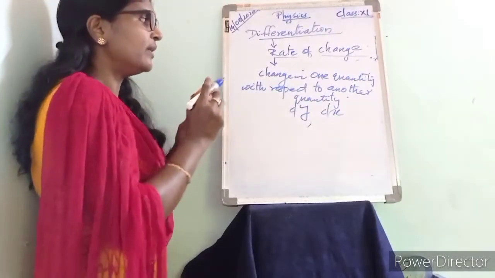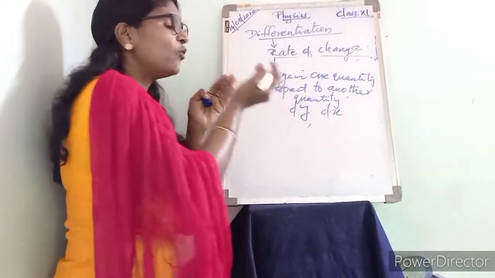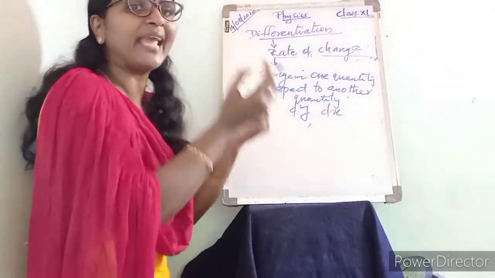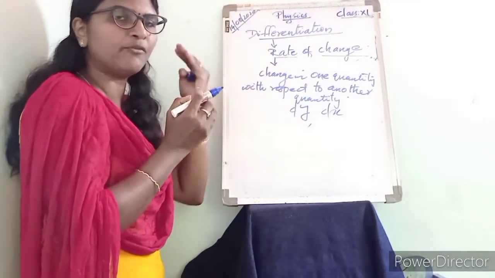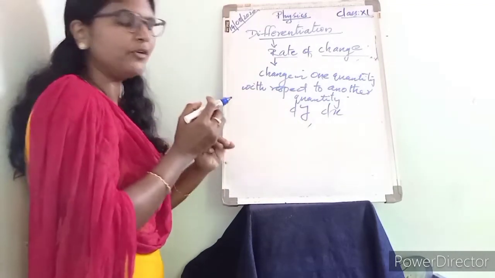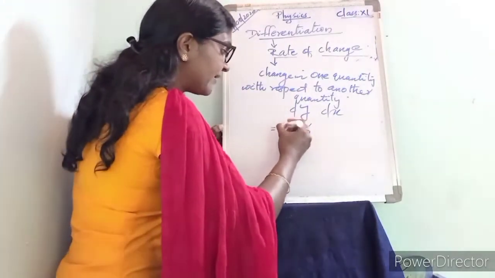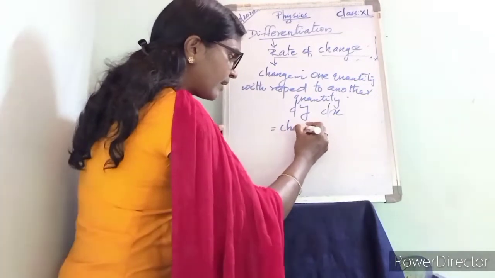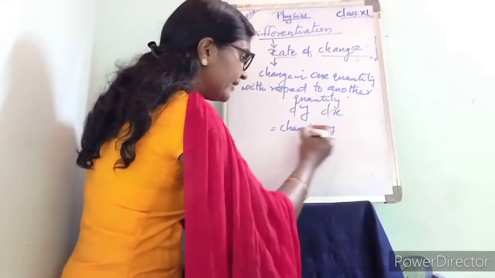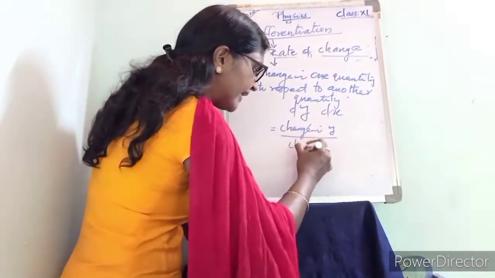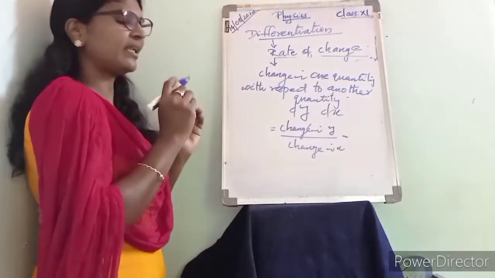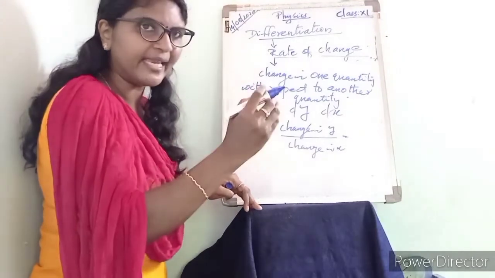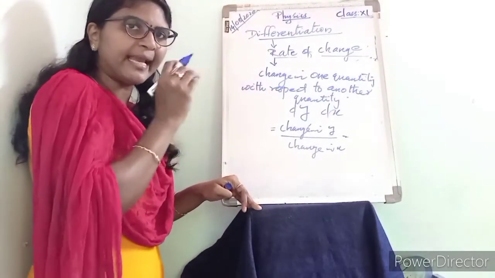Okay, so how can we write the rate of change of y with respect to x? That can be represented as change in y divided by change in x.